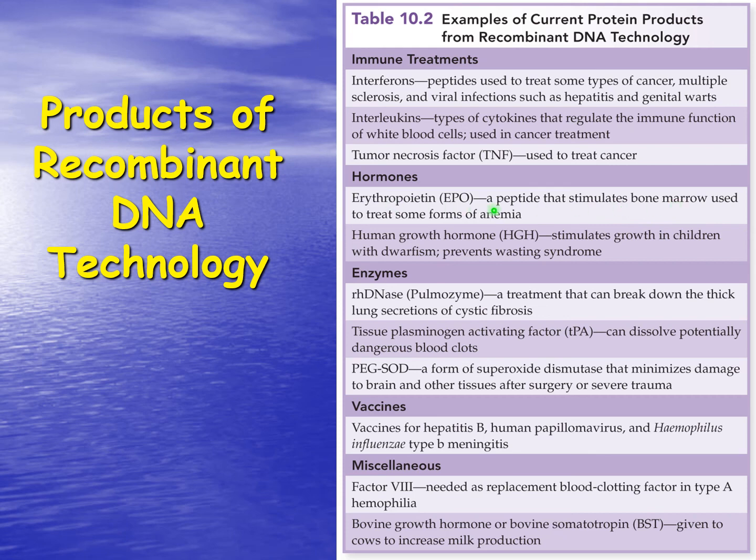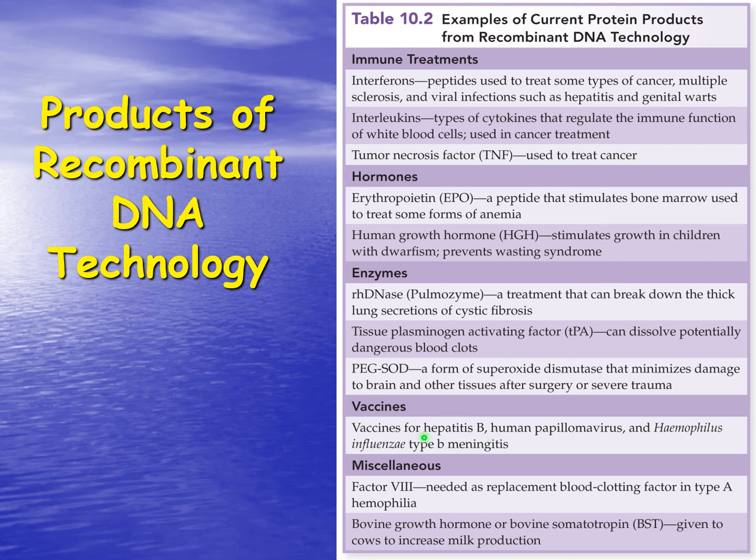And the erythropoietin can actually be used to treat some forms of anemia. Human growth hormone that can stimulate growth in children with pituitary dwarfism or prevent wasting syndrome. Certain enzymes can be made, such as tissue plasminogen activating factor or TPA. TPA can actually dissolve potentially dangerous blood clots in things like heart attacks or strokes.